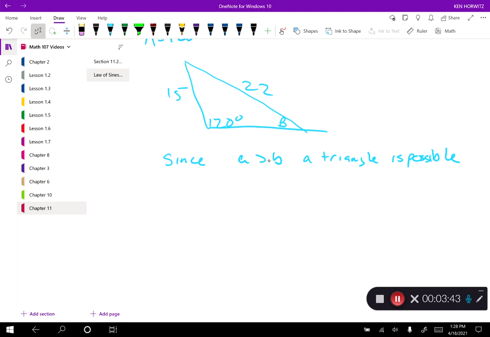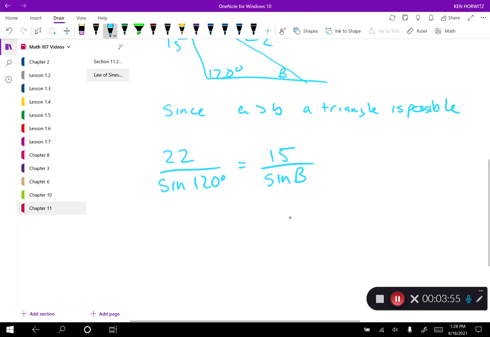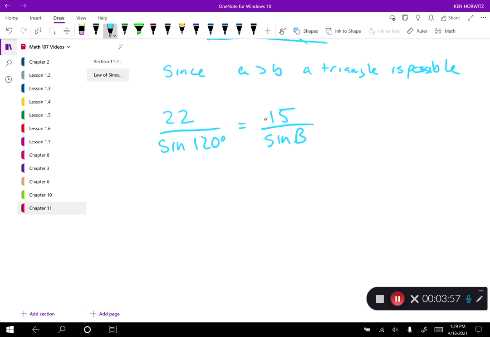So we have 22 over the sine of 120 degrees equals 15 over the sine of B. Now we cross multiply and divide, so I get the sine of B equals 15 sine 120 degrees over 22.